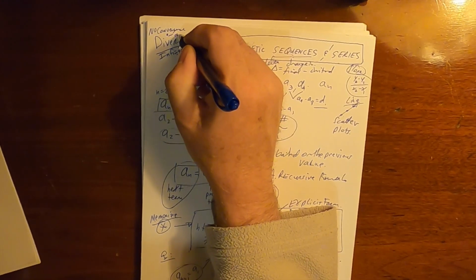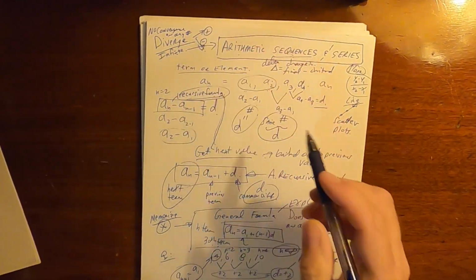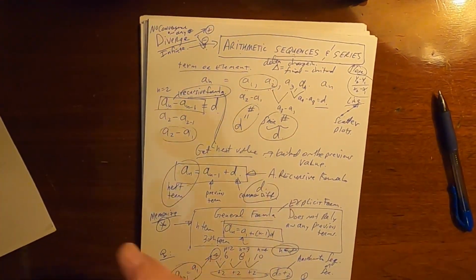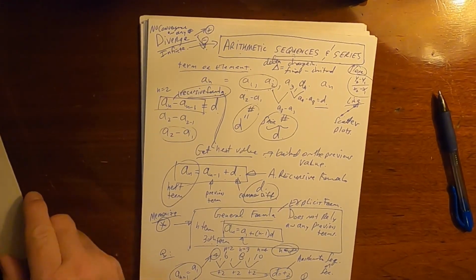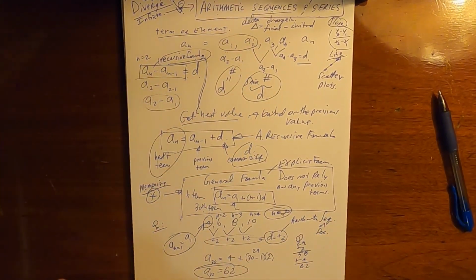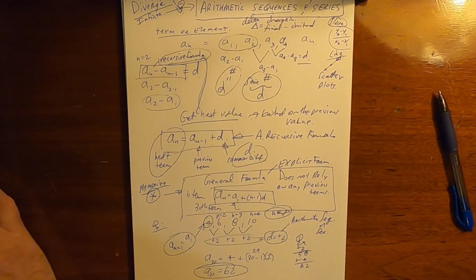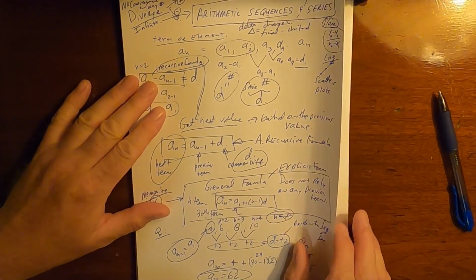We'll get to that in another video, but in general, this is what these arithmetic sequences look like. Let me give you another example and maybe we'll close the video on that.